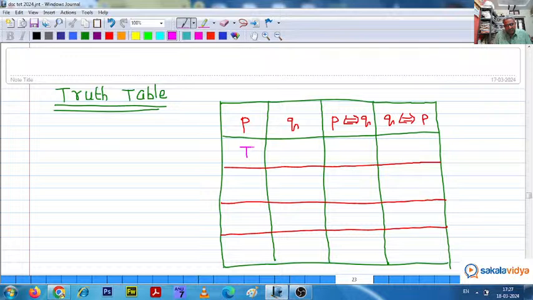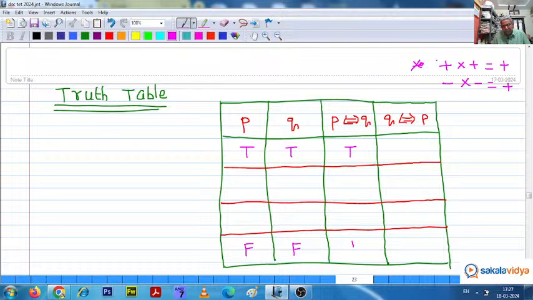For example, both are true, and both are false. Just remember it like this: plus into plus gives plus, where plus means true; false means minus, and minus into minus gives plus. So only in these two cases it will be true.